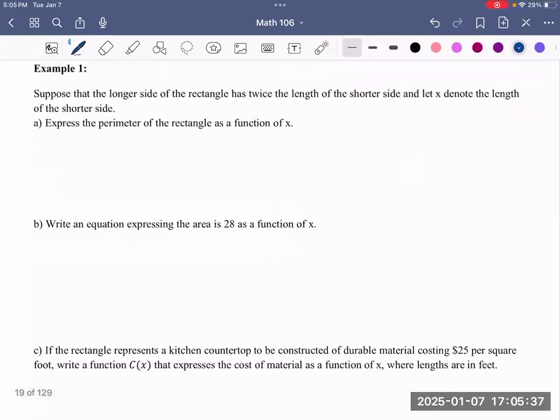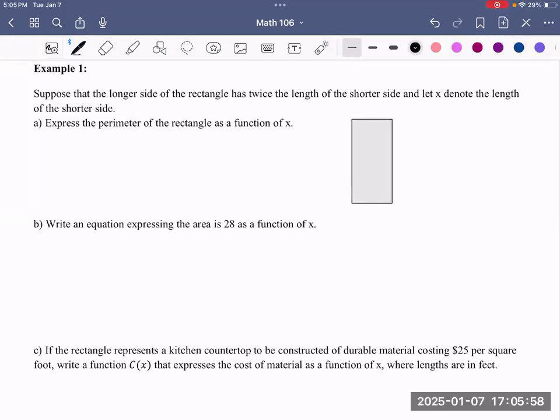So let's see how this happens in example 1. It says, suppose that the longer side of the rectangle has twice the length of the shorter side, and let X denote the length of the shorter side. So if we create a quick figure, there we go.